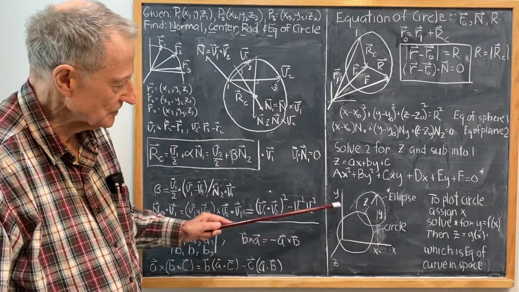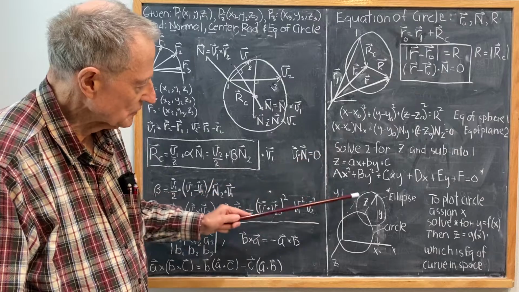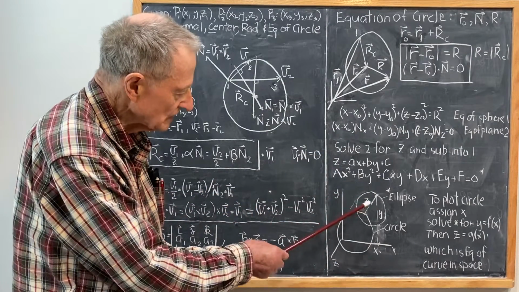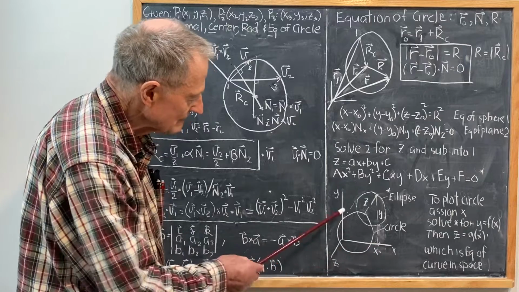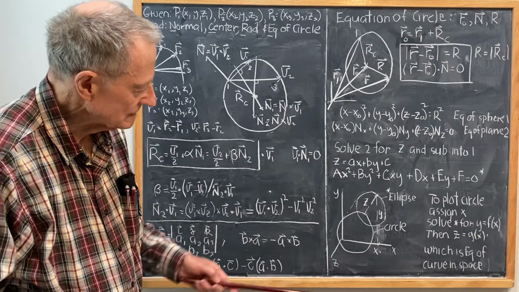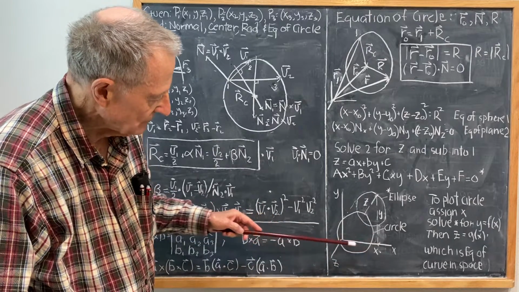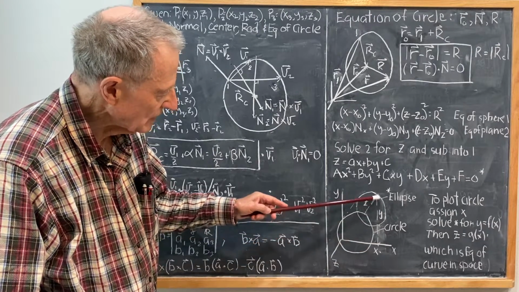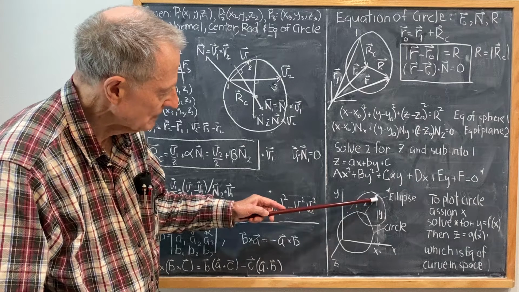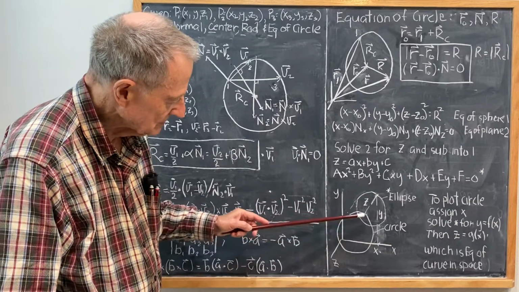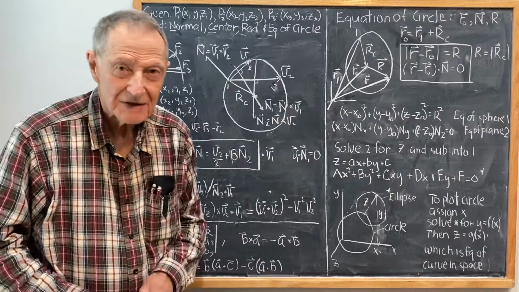Just a little illustration here. This equation is the equation of an ellipse in the plane xy, and then to get any point on the actual circle, I have point x, then point y. Given x, I solve for y of x, and then I find z as the point on the circle. That's it. Thank you.